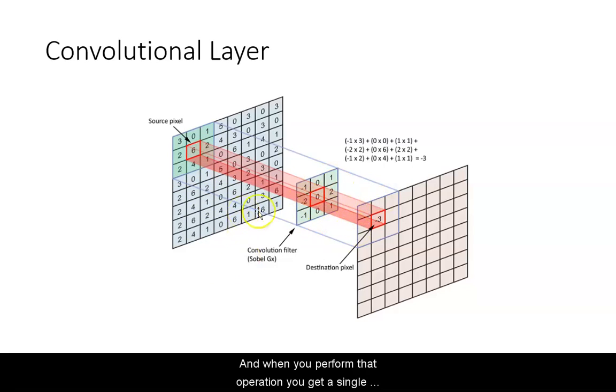And when you perform that operation, you get a single value, which is -3. So we execute a convolution by sliding this filter over the entire input.